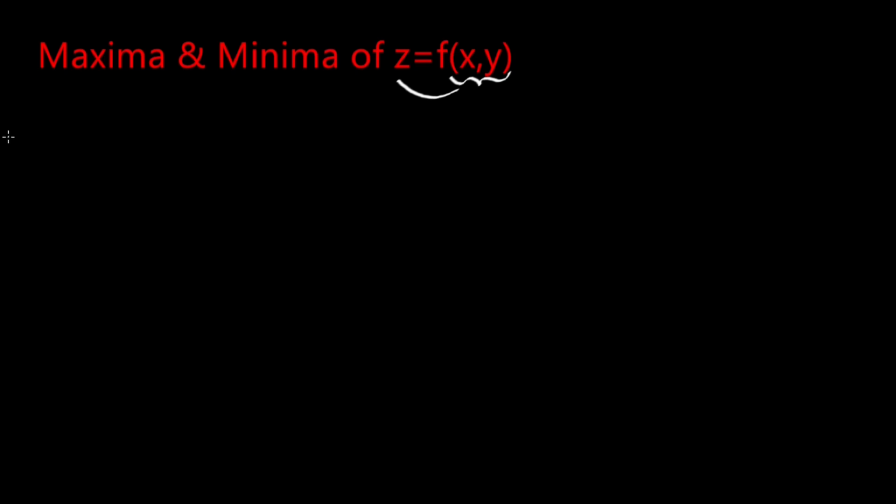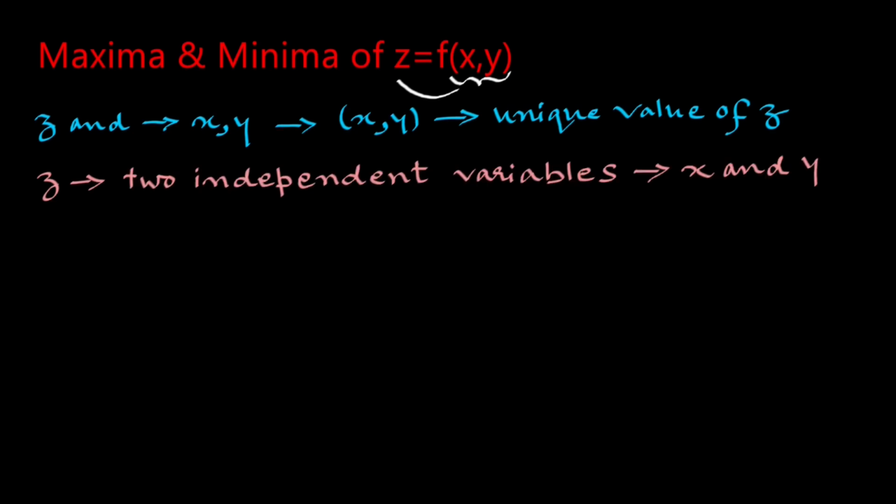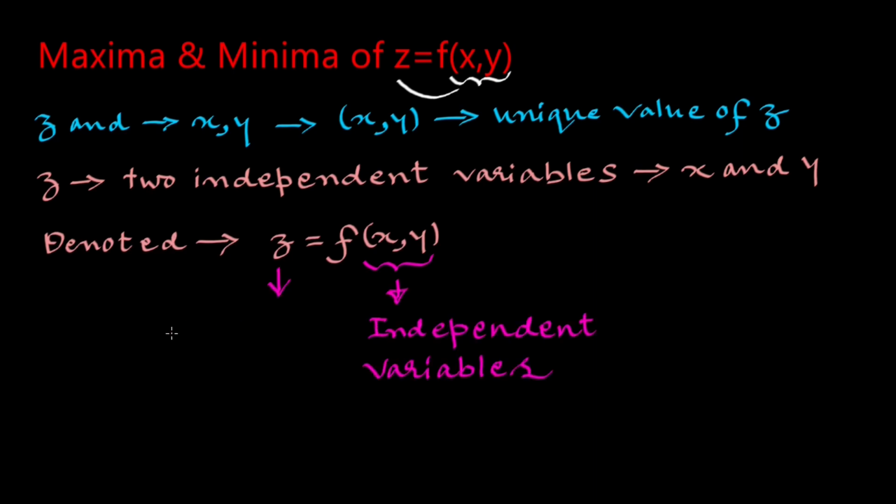If a relation between z and x and y is such that for a pair of real values, say x comma y, we have a unique value of z, then z is said to be a function of two independent variables x and y, which is denoted by z equals f(x,y), where x and y are independent variables and z dependent variable.